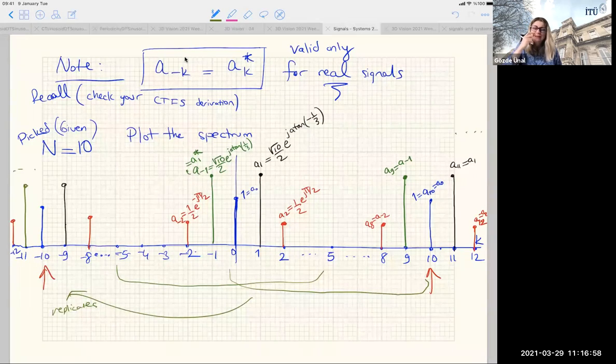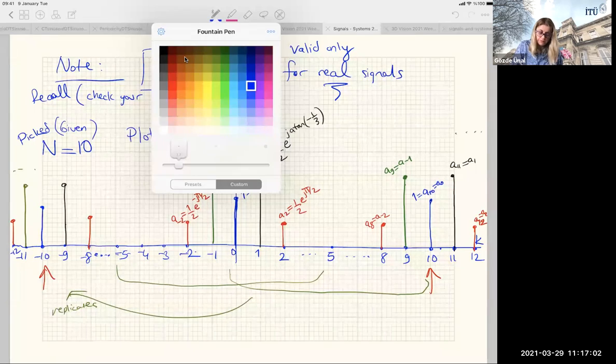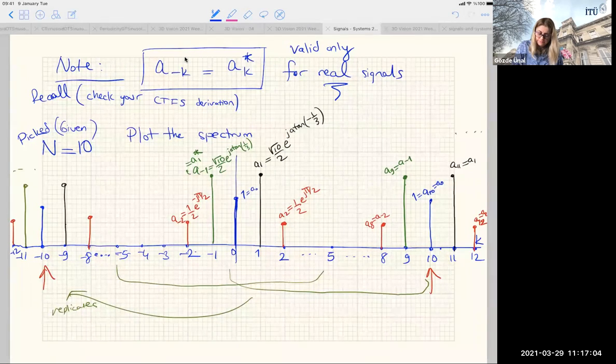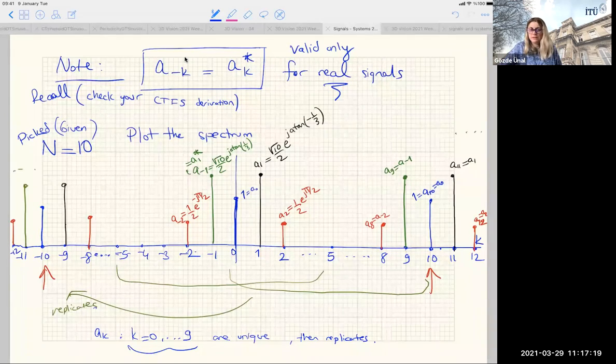So AK for K from 0 to 9 are unique, then it replicates, of course. But I can look at it in any period.